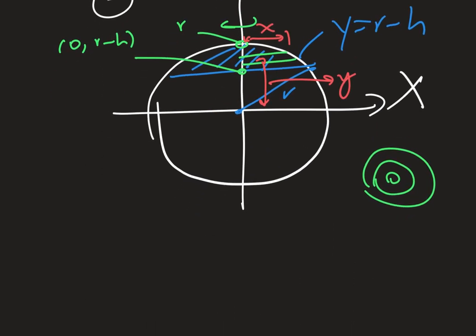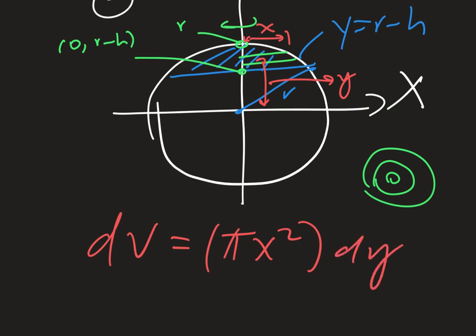When you do the volume, dV equals pi x squared times dy when you rotate. The volume is base area times height, right? So dV equals pi x squared times dy.